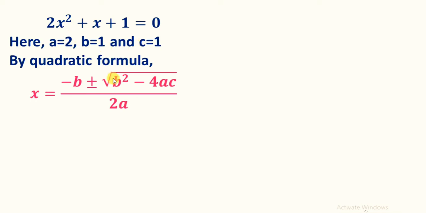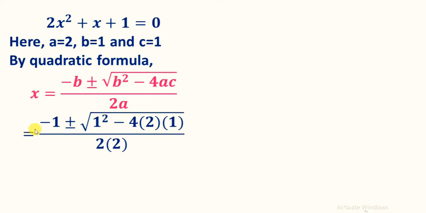abc ஓட வேல்யூஸை இந்த ஈக்குவேஷன்ல ரீப்ளேஸ் பண்ணிருங்க. ரீப்ளேஸ் பண்ணீங்கன்னா that is equal to minus b is minus 1 plus or minus square root of b squared, that is 1 squared minus 4 into ac. 4 into a is 2 and c is 1 divided by 2 into a is 2.